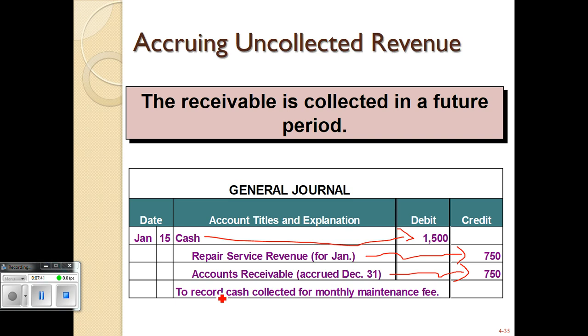So I've got a debit to cash and a credit to a revenue account and a credit to the accounts receivable. Notice, even though I collected $1,500, ultimately I included all $1,500 as revenue. This $750 is the revenue from January. This $750 I counted as revenue last year in December. So I counted it all as revenue. It's just a matter of the timing of it.